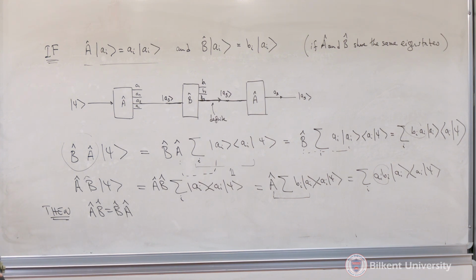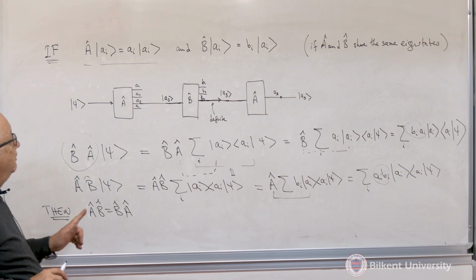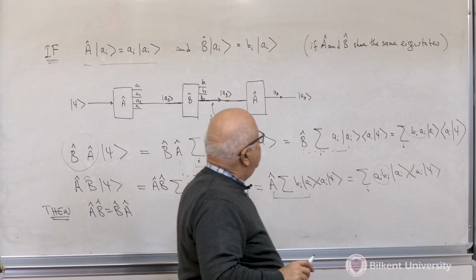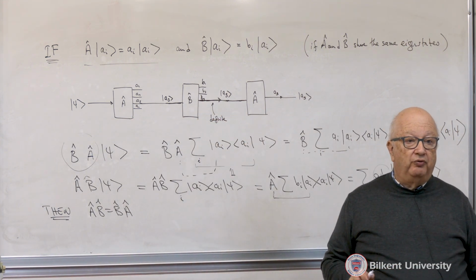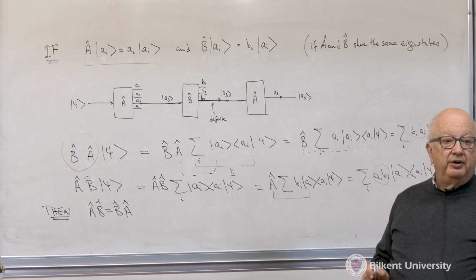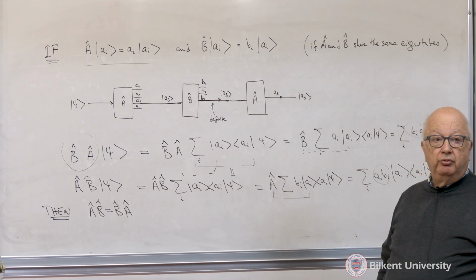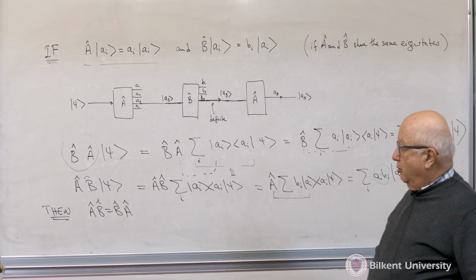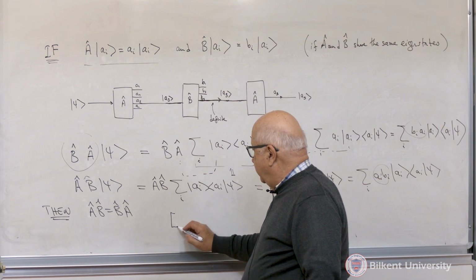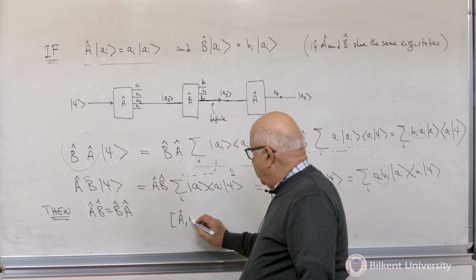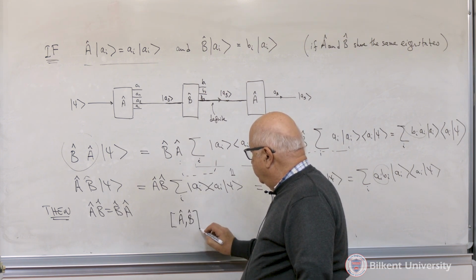So if A and B share the same sets of eigenvectors, then the two operators AB and BA are equal. Or another way of saying it is that A and B commute, right?